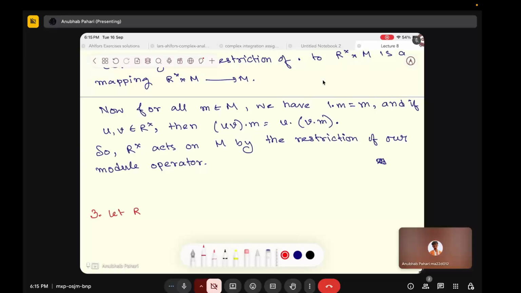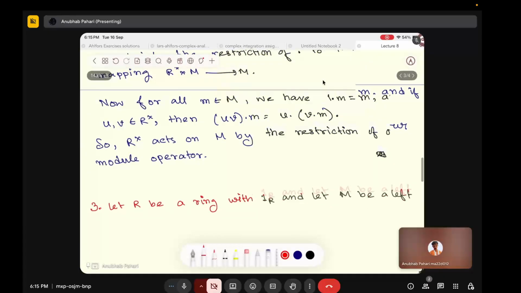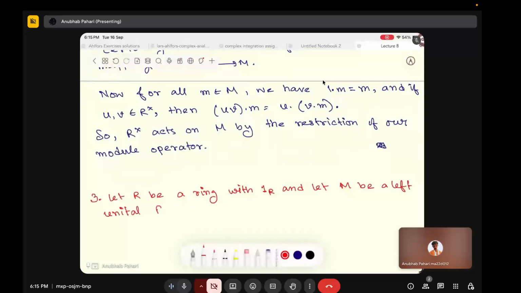Let R be a ring with 1_R, and let M be a unital R module.